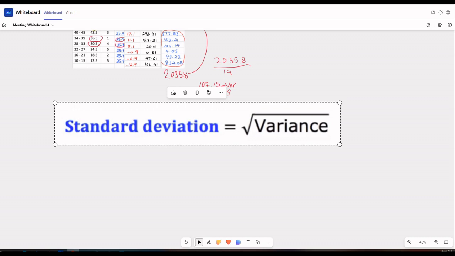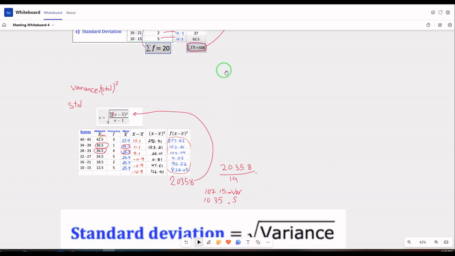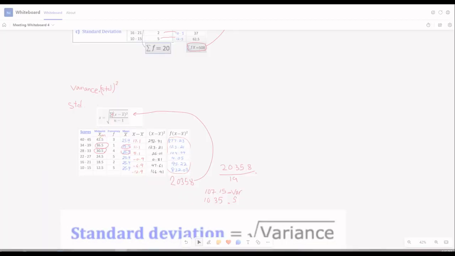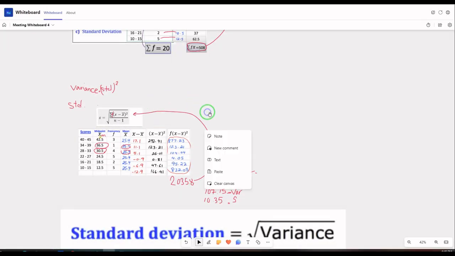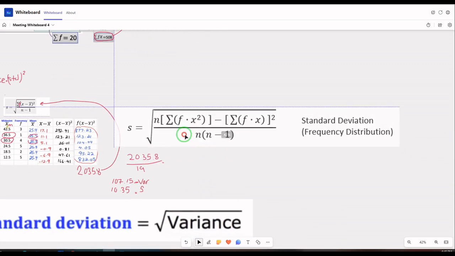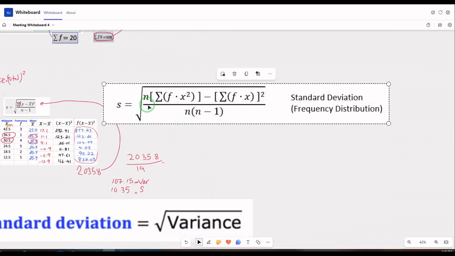Again, I have to mention, for calculating the standard deviation for this specific example, I used this formula. But if you take a look at your, let's say, formula book, you will come across this formula, which I mentioned that we use to calculate the standard deviation.